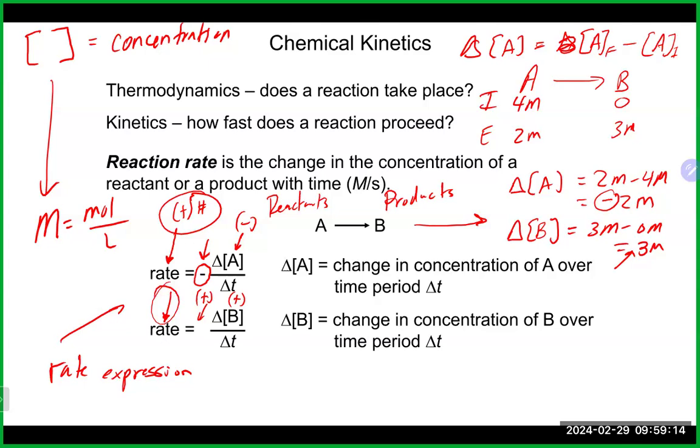So we do incorporate that negative into the rate expression for reactants, because when we calculate the change in the concentration of our reactants, we end up with a negative number, and that negative basically turns our rate back into a positive number, which is what we need. Any questions on that there? All right.